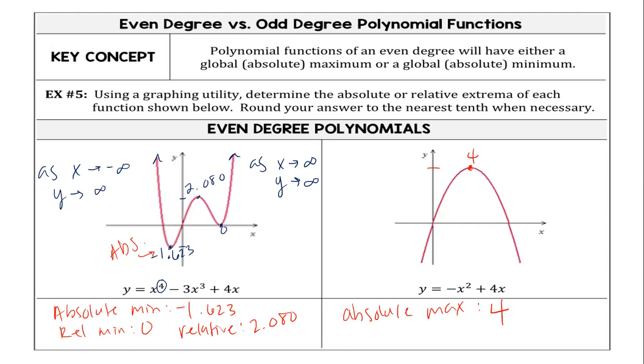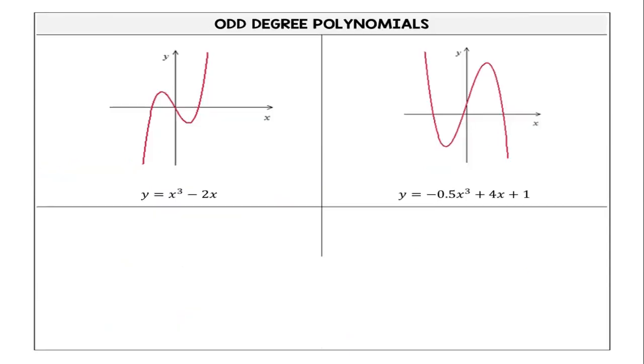Do I have any type of min? No, and why do I not? It goes forever down. Your relative, if it's an absolute, it automatically was a relative. Okay. Yes, if you want.